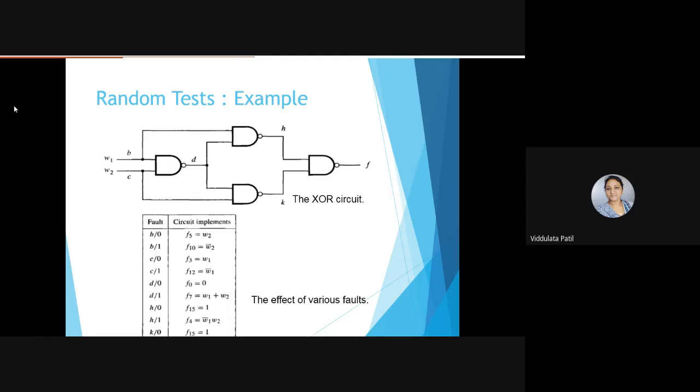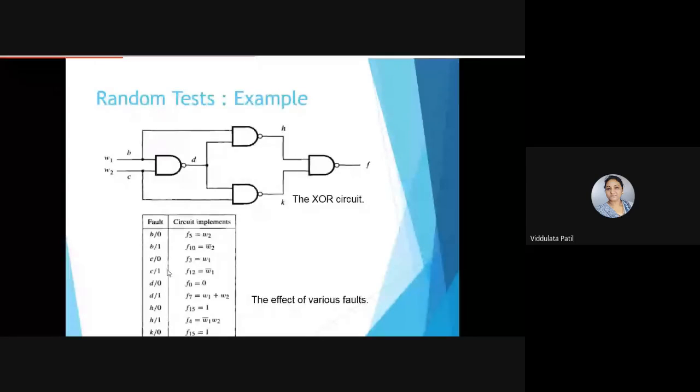Here the effects of the various faults are specified. If B is stuck at 0, what will happen? Then B is stuck at 1. Which function is going to be activated, we have recorded in this table. Okay, so this is the random test for testing of a logical circuit.